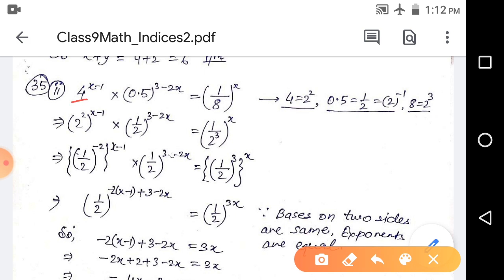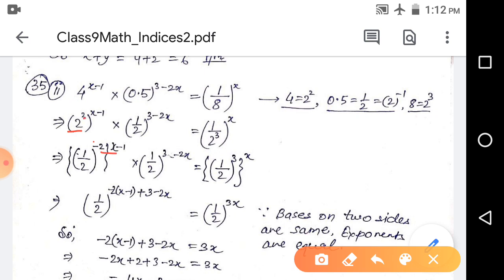Now just substituting all the values here. For 4 it is 2 square whole to the power x minus 1, for 0.5 it is 1 by 2 whole to the power 3 minus 2x, and for this 1 by 8 it is 1 by 2 to the power 3, whole to the power x. For this 2 we have taken 1 by 2 and taken the reciprocal, that's why we have minus 2 in the place of plus 2.